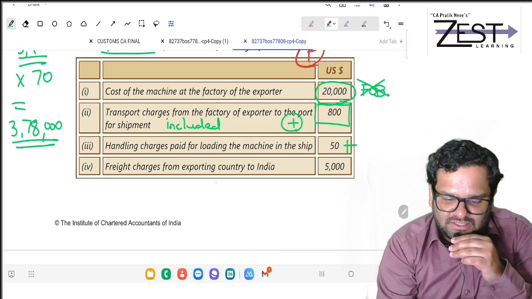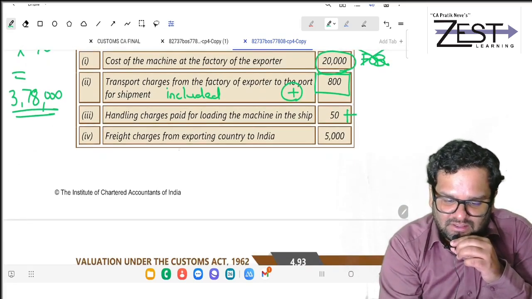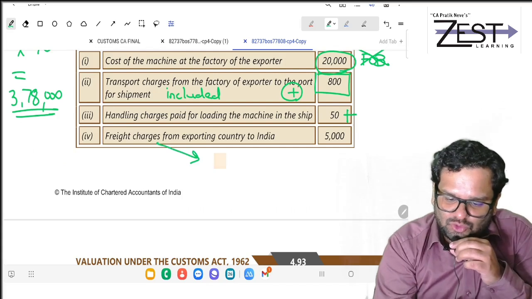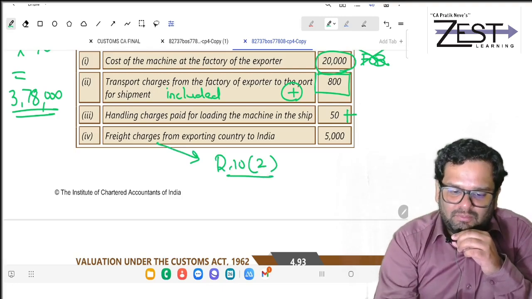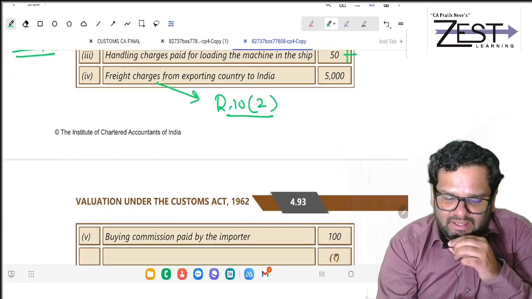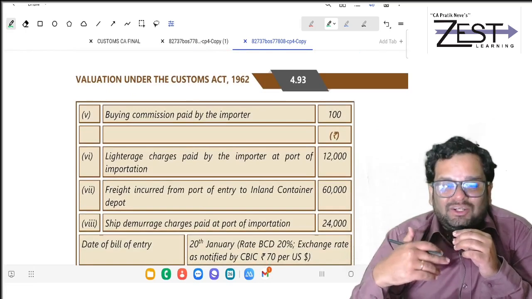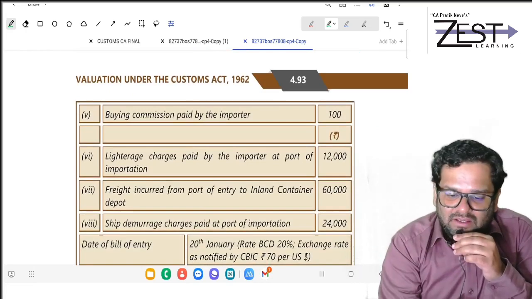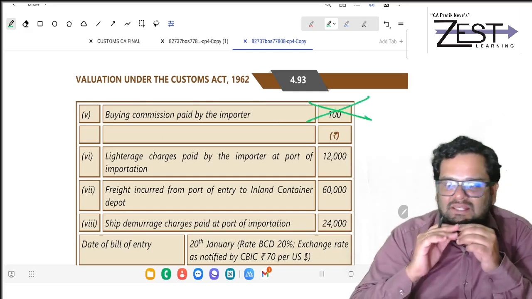Freight charges from exporting country to India. This is an adjustment under rule 10(2). How are the goods imported, by ship or by air? Let's see if we get the hint of that. Buying commission paid by importer: friends, always buying commission is neglected.